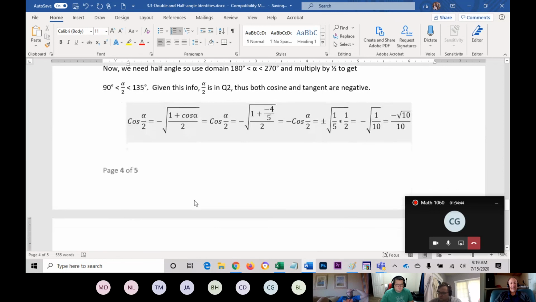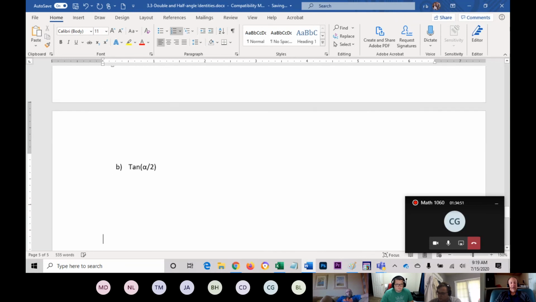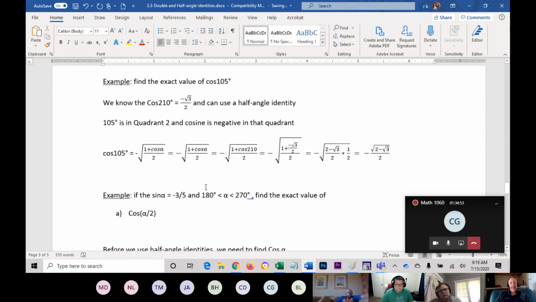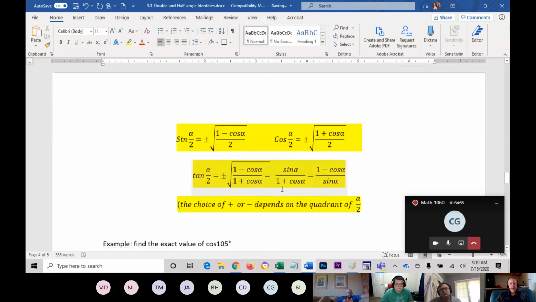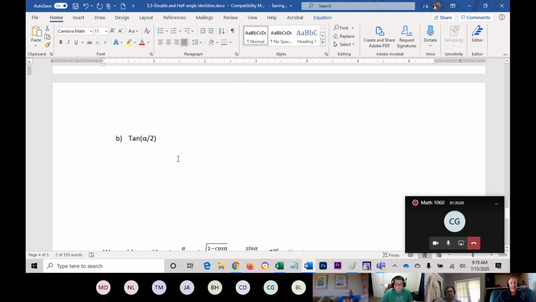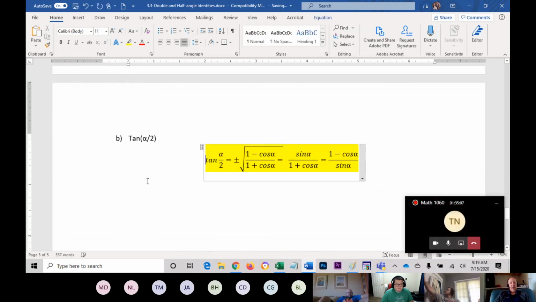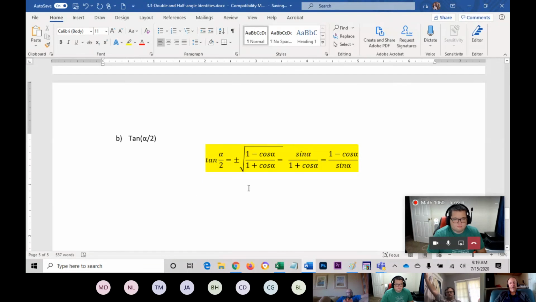Let's try not to give you guys the answer here, but here's what we're going to do. I'm going to copy this. We've got 3 choices for the tangent here.